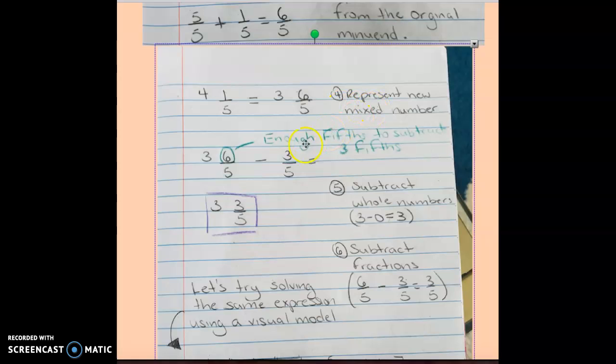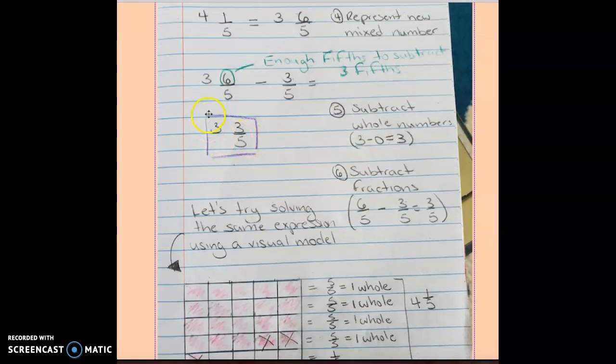So I'm representing my mixed number to show the regrouping. Now I have enough fifths to subtract 3/5 from the 6/5. And my answer of 3 6/5 minus 3/5 is equal to 3 3/5.